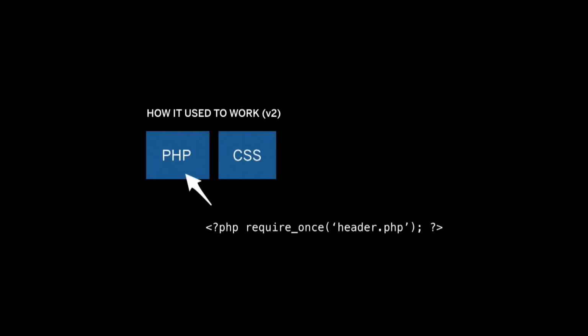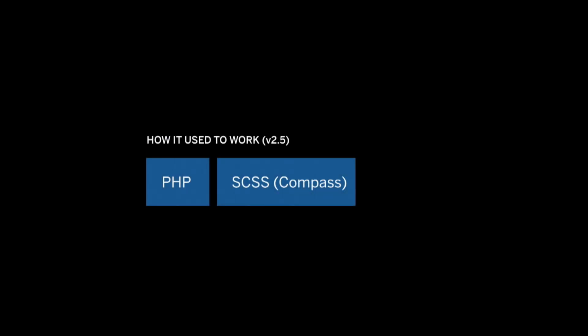But the problem was that soon enough I found out I needed includes. Of course, you want to stay DRY, or you don't want to repeat yourself, so you need includes. I was a huge fan of Compass, which is a framework built on top of SCSS or Sass.